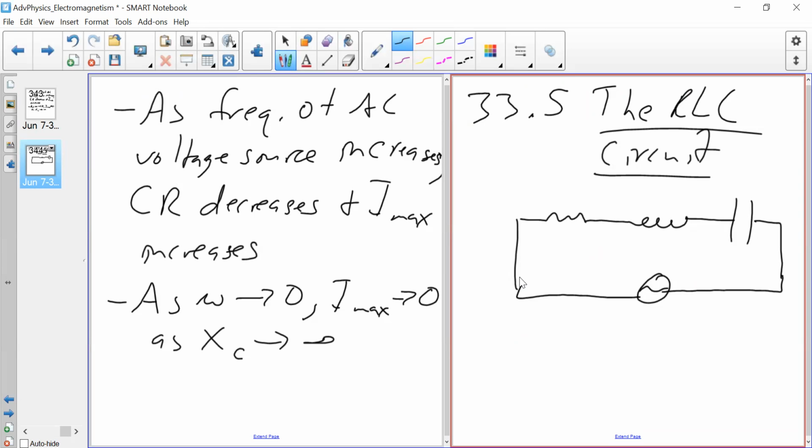The AC source has an applied voltage, of course, that varies through time.